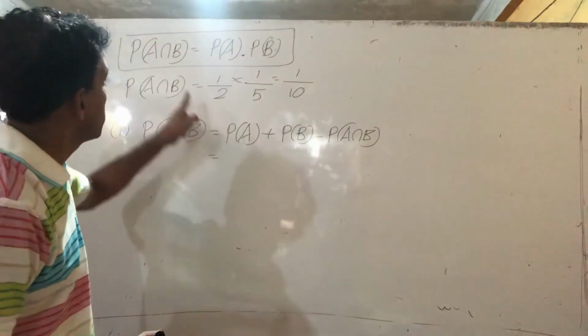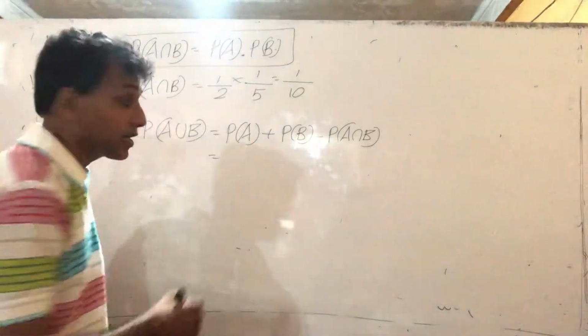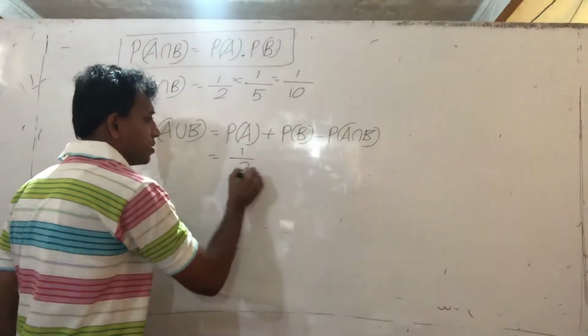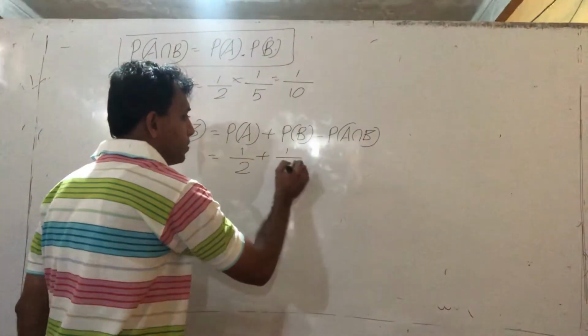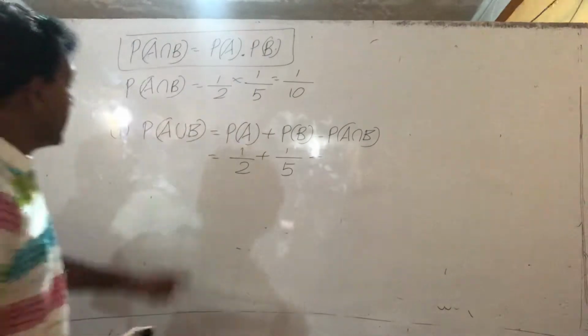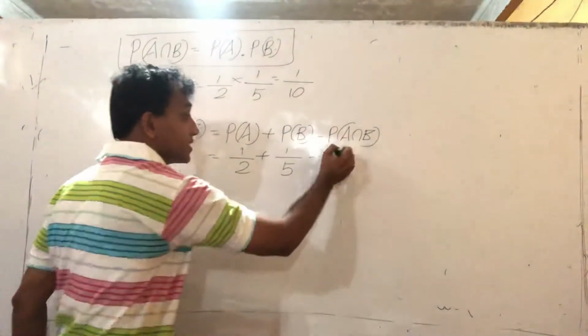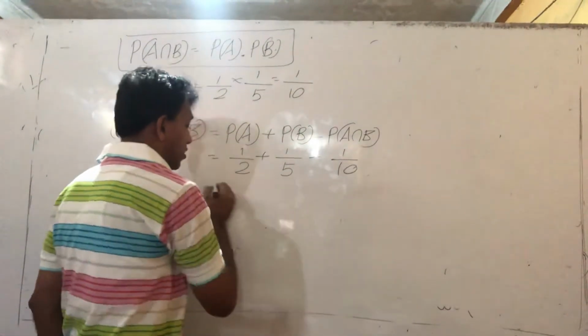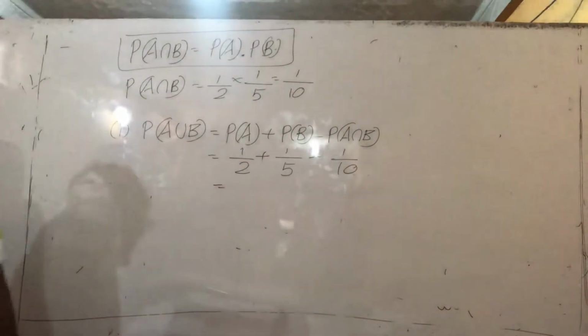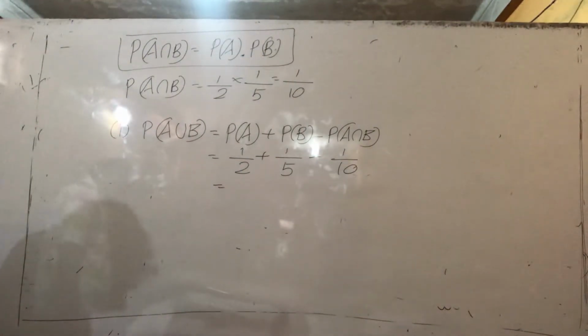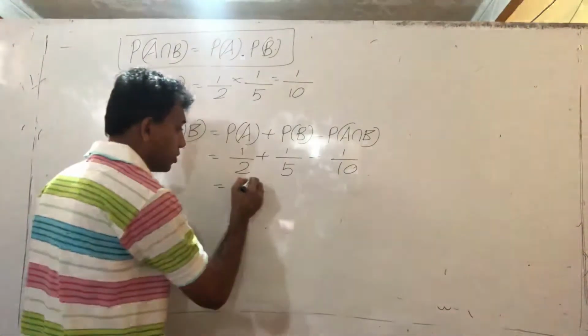What is PA? PA is half, plus PB is 1 over 5, minus A intersect B, 1 over 10, right? Therefore, if you simplify, you have the first part answer. A union B answer is 3 over 5?